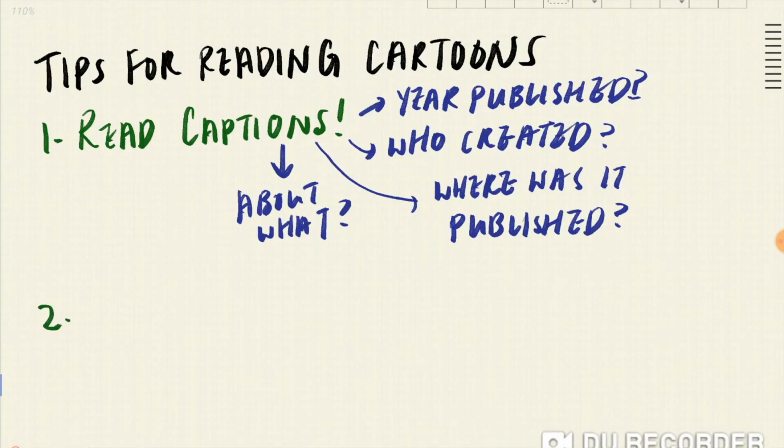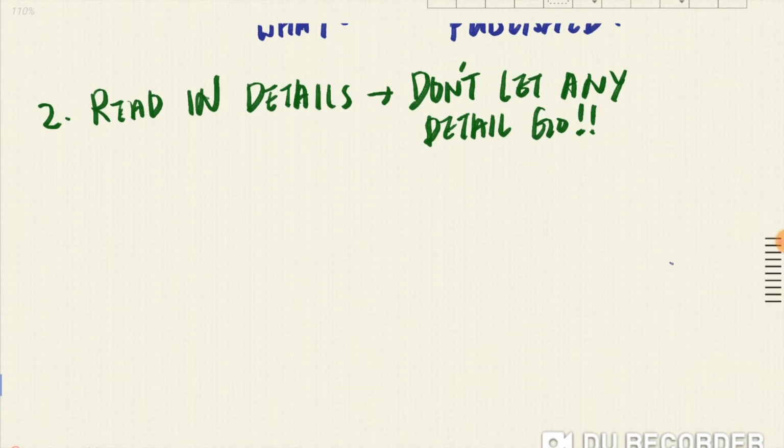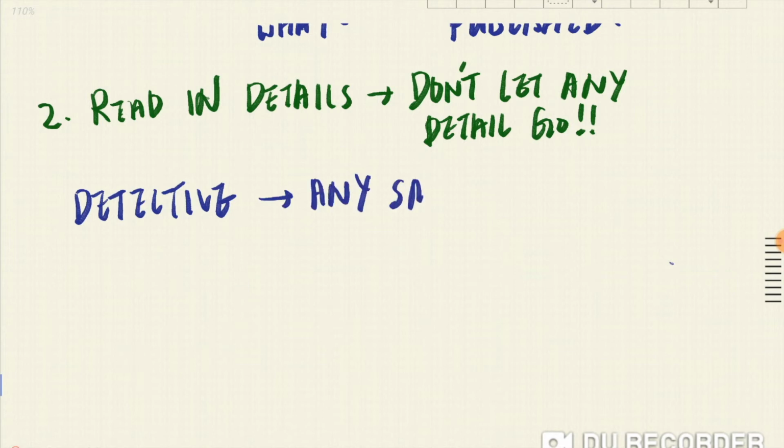And then my second tip for you is to read the cartoon in a lot of detail, like a detective. We do not let any details go when reading cartoons, just like how detectives look into every single detail in order to solve their cases.